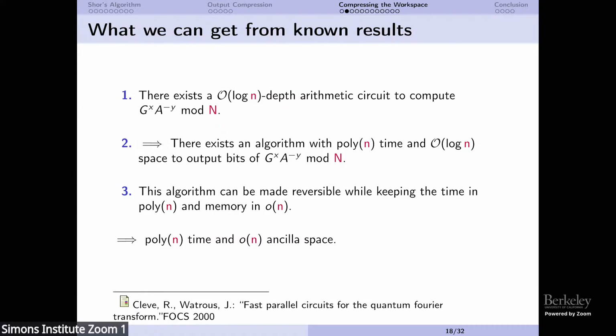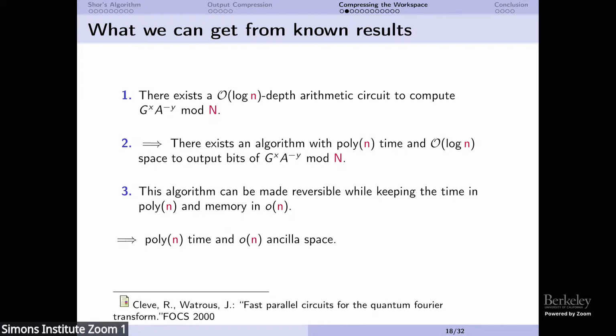You can make such an algorithm reversible, keep the time polynomial in n, and keep the memory negligible in n. So you actually get something that is polynomial and already has small ancilla space. It's not surprising from a circuit complexity point of view. Of course, the problem that remains is to have a polynomial that is actually not too large, and also to have a little o of n that is actually small when we plug in n equal 2048.